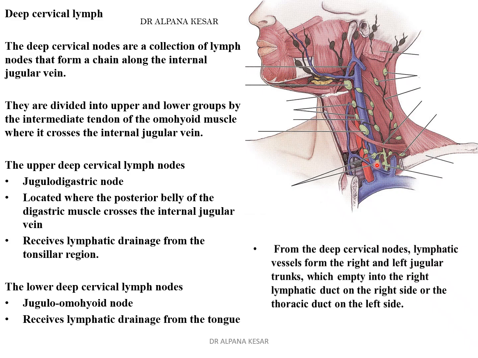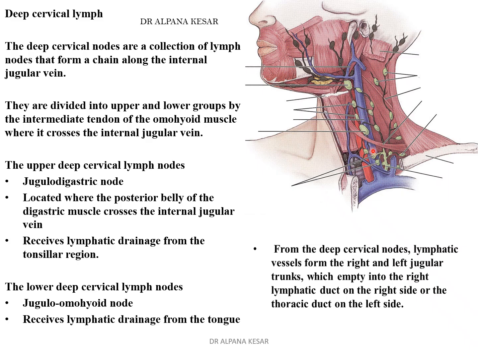Upper deep cervical group of lymph nodes is also known as jugulo-digastric lymph nodes. It is present in the region where the posterior belly of the digastric muscle crosses the internal jugular vein. These lymph nodes receive lymphatics from the tonsillar region.